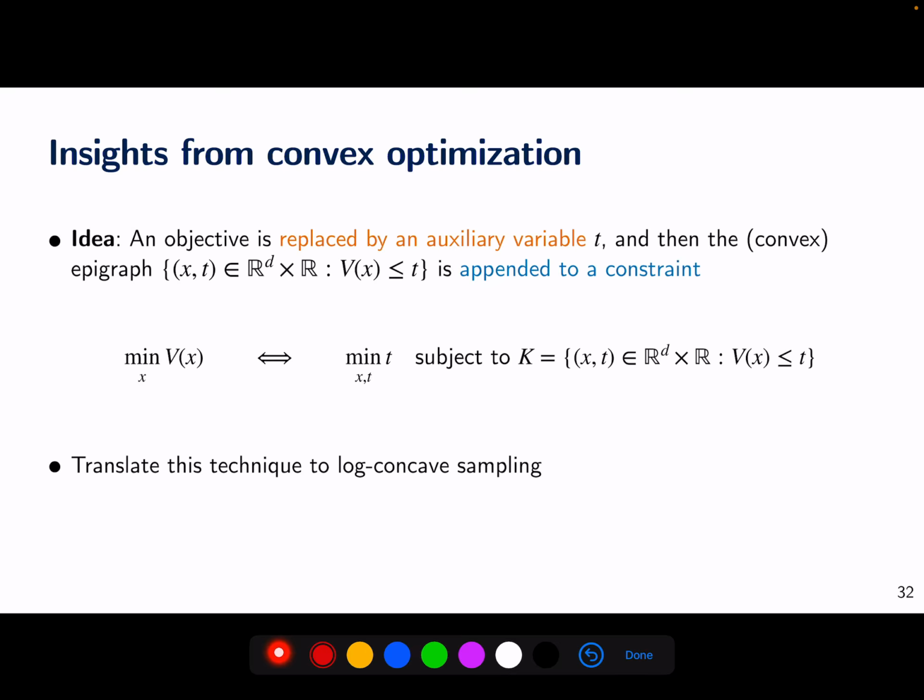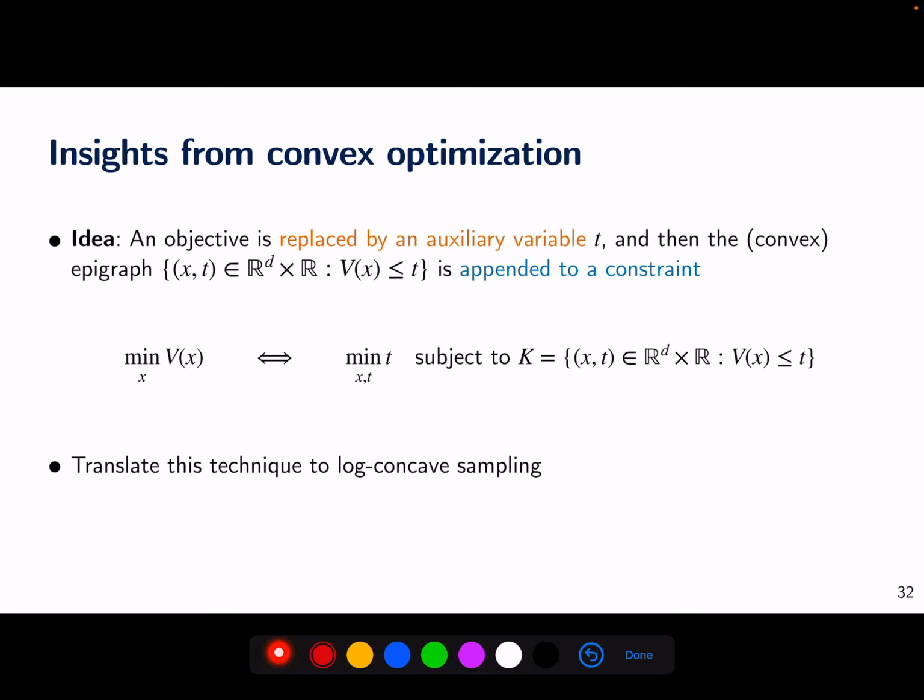In order to generalize In-and-Out to this log-concave distribution is a bit tricky, because when you implement the backward step, it's tricky to implement the rejection sampling. So we try to avoid this issue by borrowing some insight from convex optimization.